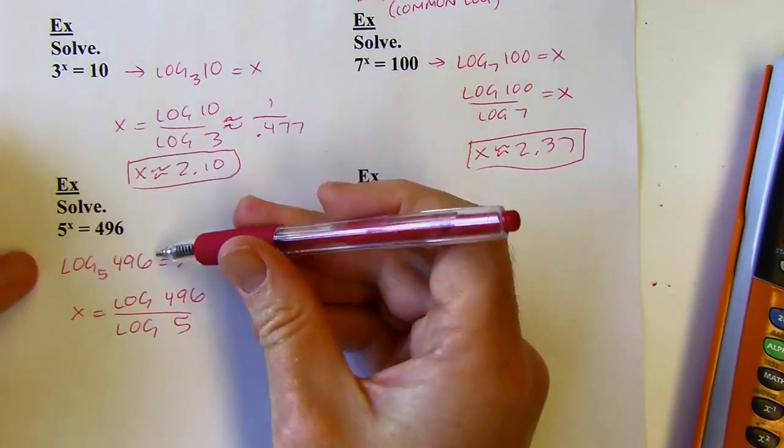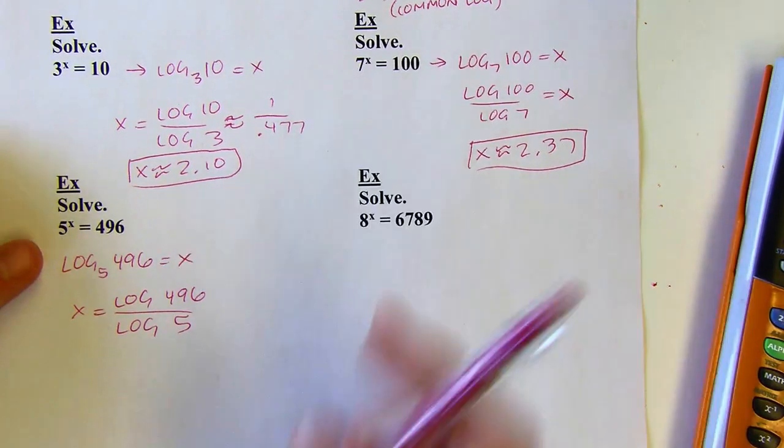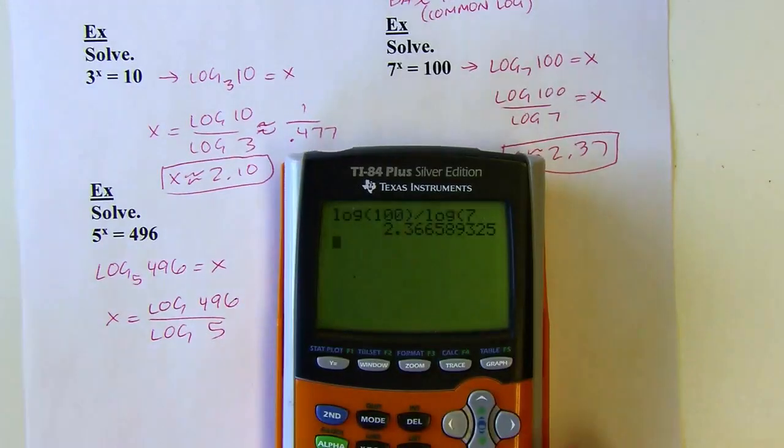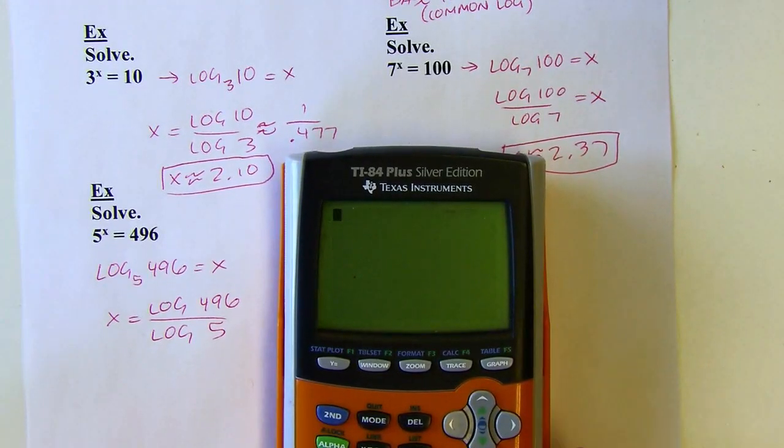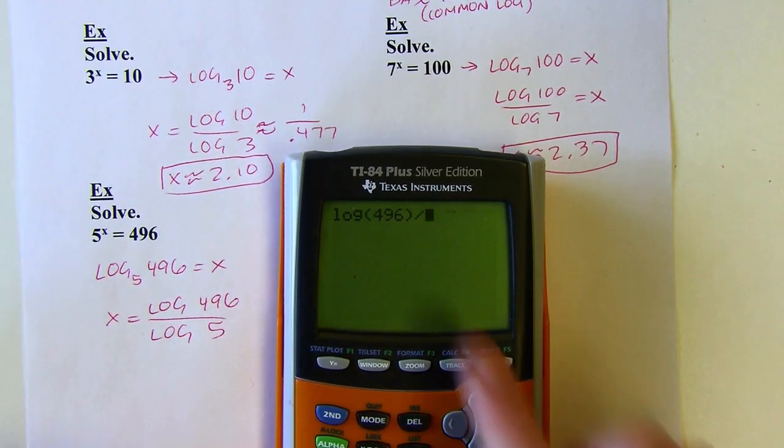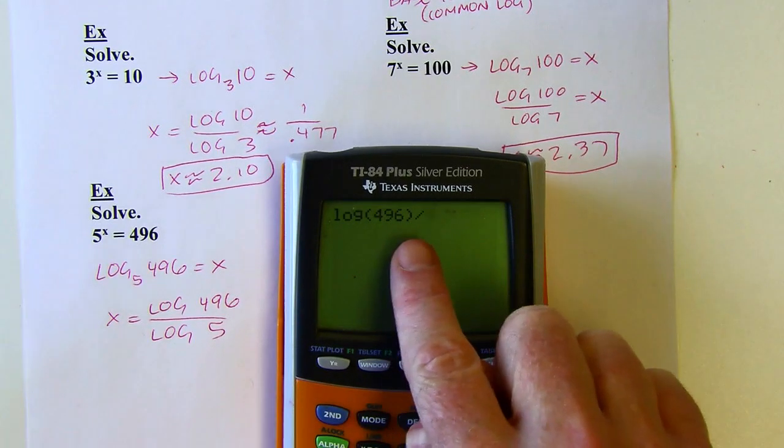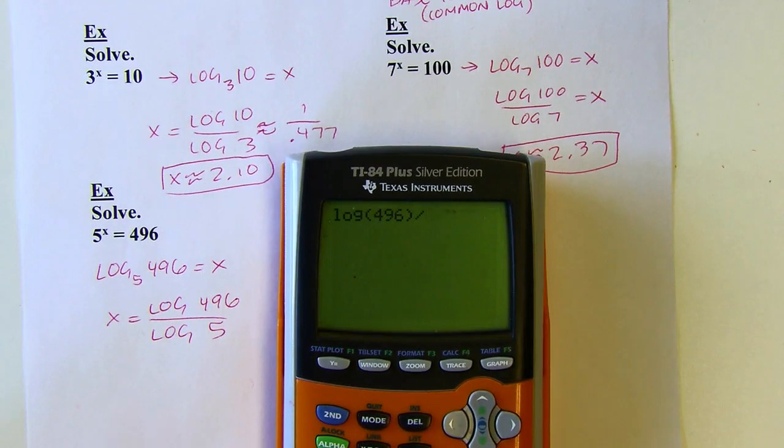You'll just know that's going to be log 496 over log 5. Don't forget to close the parentheses, because otherwise it might take the log of 496 over log of 5, depending on your calculator. So type it in like that, 3.86 roughly.